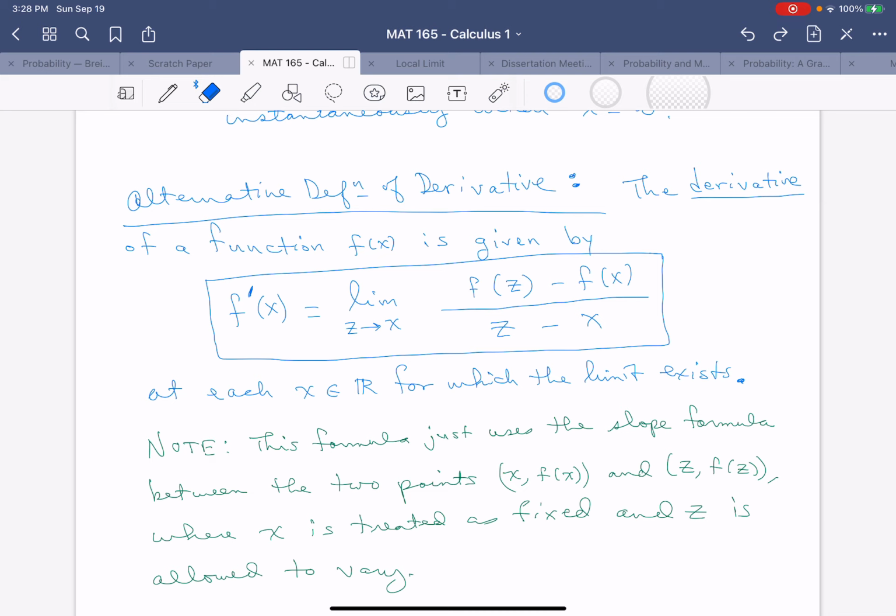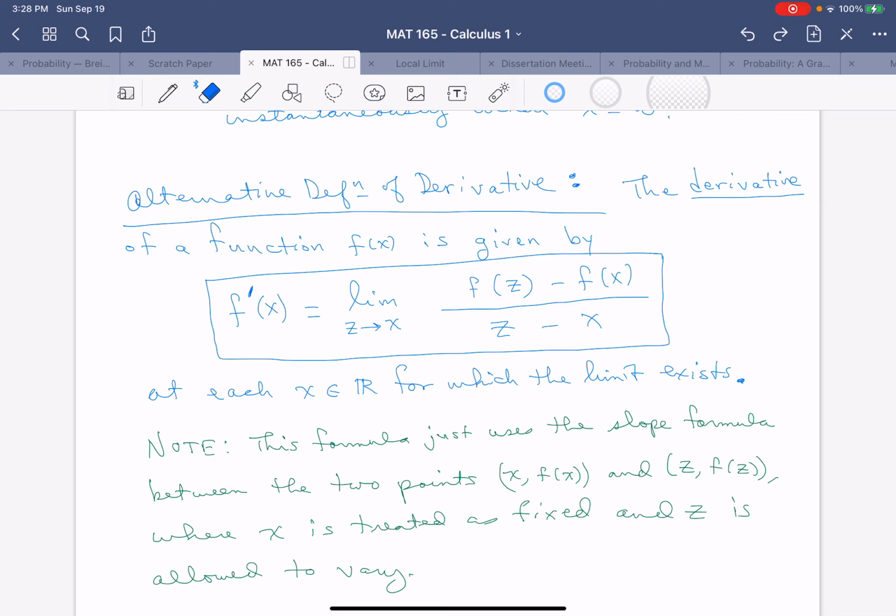And if you notice this expression that we're taking the limit of, you may recognize it as basically a slope formula. If you look at the note here, this expression, f of z minus f of x over z minus x, is the slope formula between the 2 points: first x, f of x, that's here, and then z, f of z.